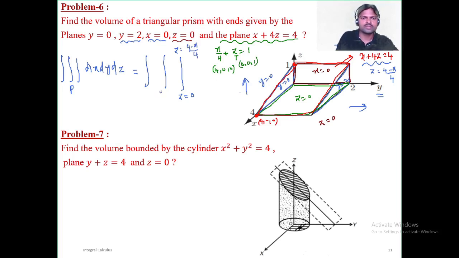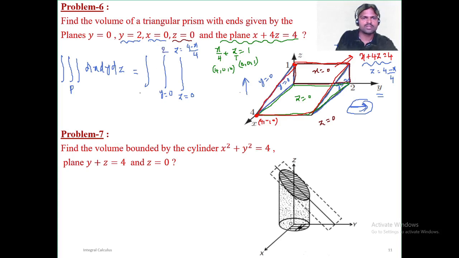Let us write the y limits. y should vary horizontally according to the diagram, starting from y is 0, ending at this plane, y is equal to 2. So the y limits are 0 to 2.